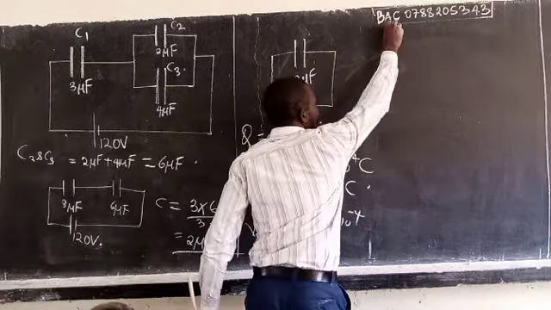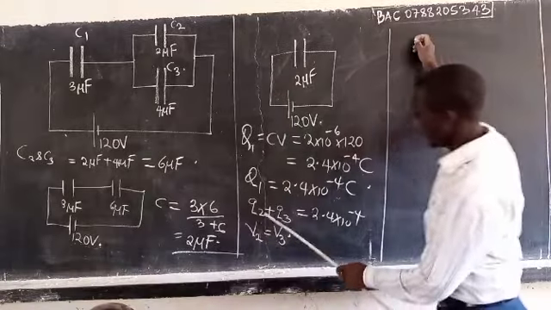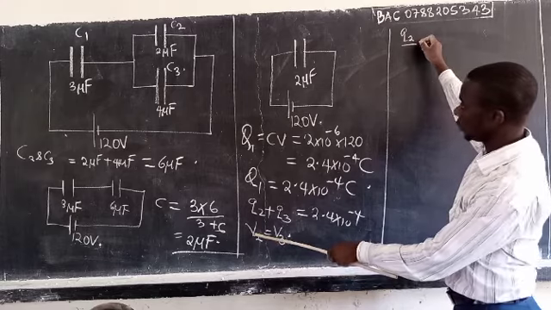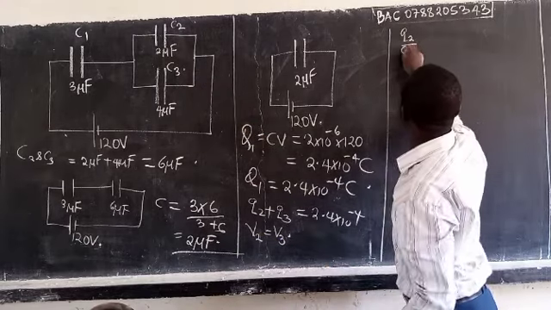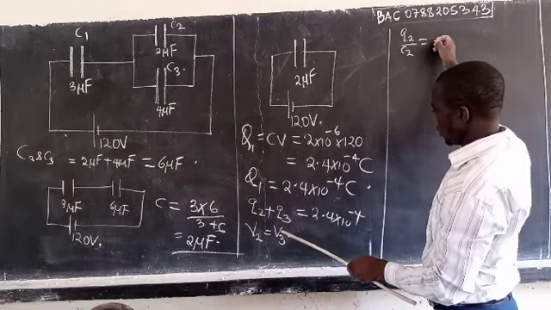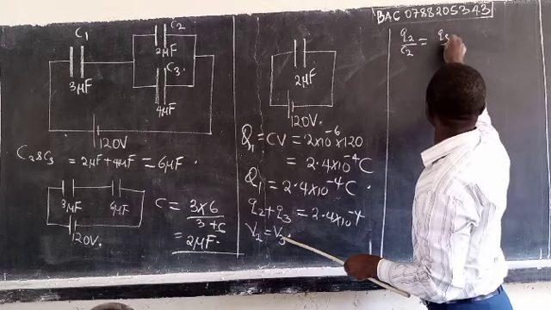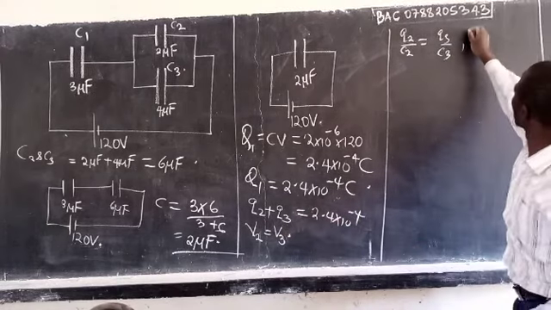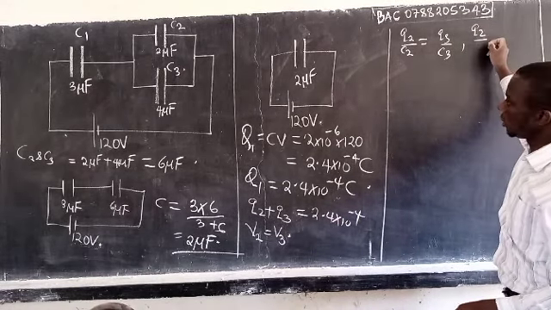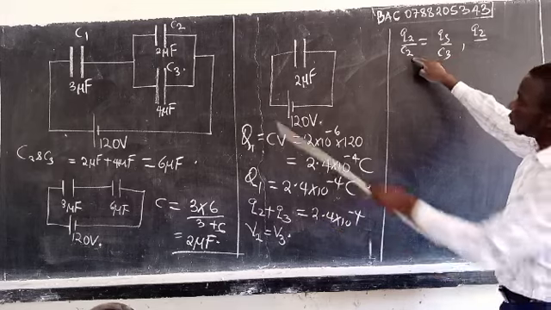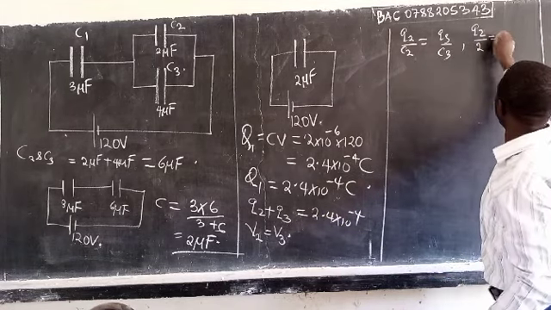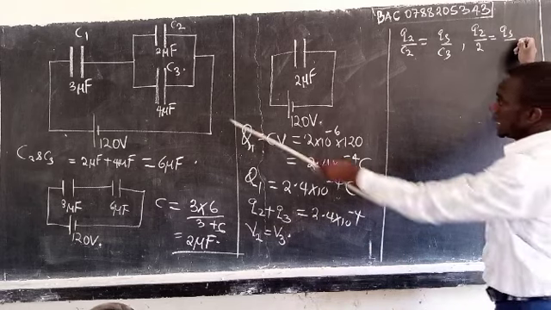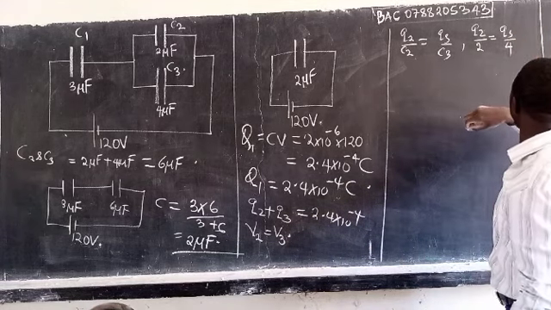So I can say from there, this is Q2 over C2. Let me first write. Equals Q3 over C3, which gives us Q2 out of C2, which is 2, equivalent to Q3 out of C3, which is 4.